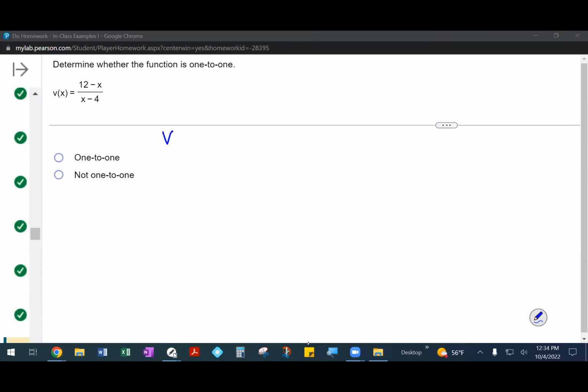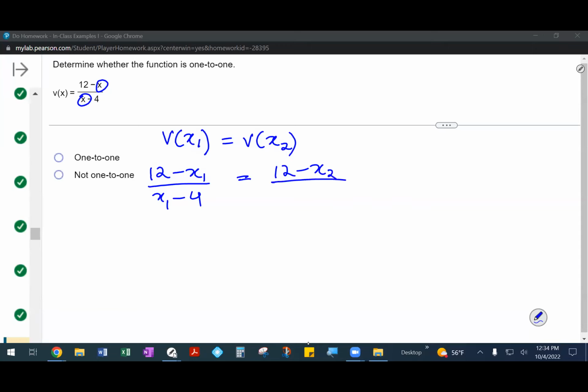We're going to take b of x1 and set it equal to b of x2. So wherever you see your x variable, on the left-hand side, make it x1, on the right-hand side, make it x2. So that would end up becoming 12 minus x1 divided by x1 minus 4, set equal to 12 minus x2 divided by x2 minus 4.